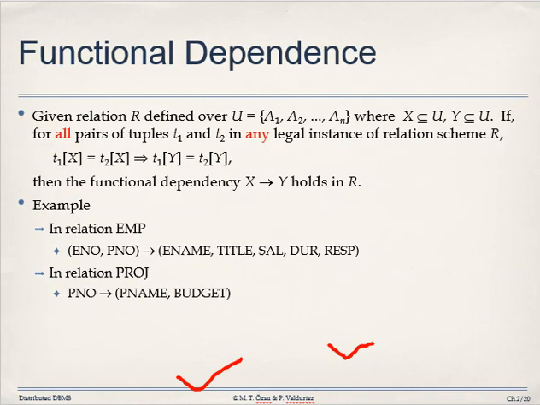Now, what is a functional dependency? Given a relation R, defined over a set U of attributes A1, A2, ..., An, where X is a subset of U, and Y likewise, if for all pairs of tuples T1 and T2 in any legal instance of the relation schema R, T1.X equal to T2.X implies T1.Y equal to T2.Y, then the functional dependency X to Y holds in R. By this way we can find out the functional dependency.